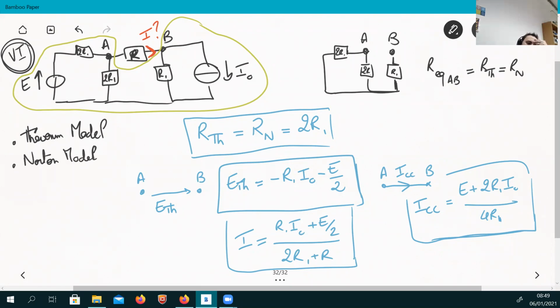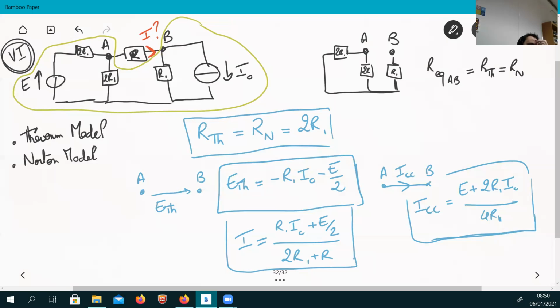So the main mistakes you can make applying this theorem are to forget to turn off the sources or to turn them back on, and the sign problem: forgetting to keep the direction of ETH, or changing the direction between ICC and IN when you are redrawing your model.